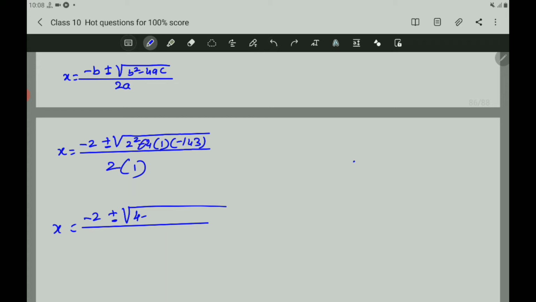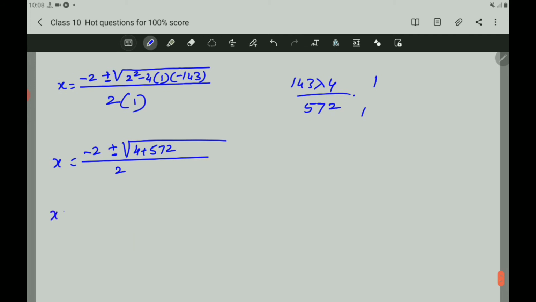Here minus into minus becomes plus. 4 ones are 4, 143 into 4: 4 3s are 12, 4 4s are 16 plus 1, 17, and 4 ones are 4 plus 1, 5. 572 you got. Adding 4, that is 576.